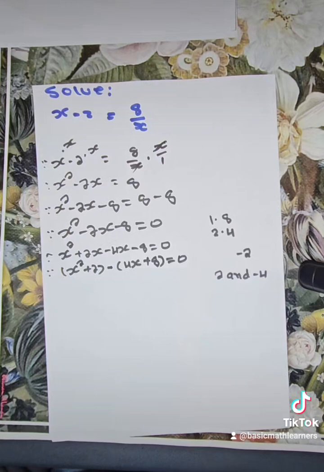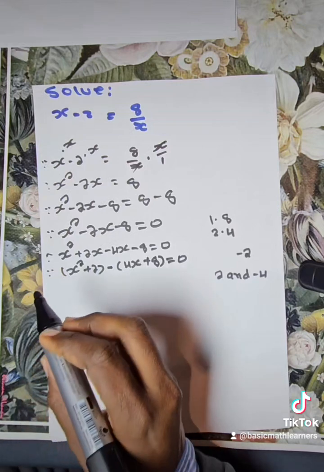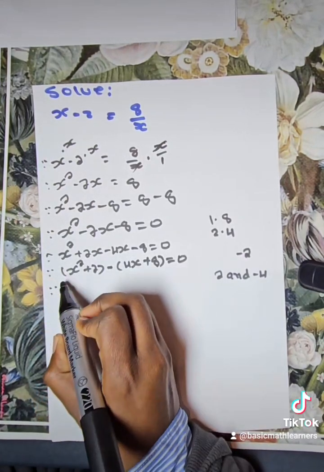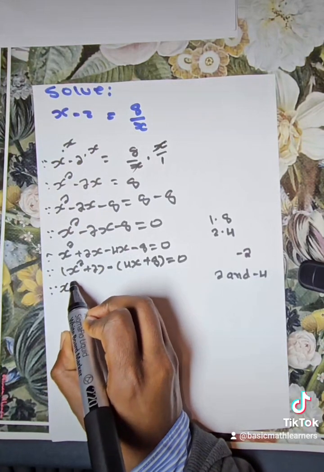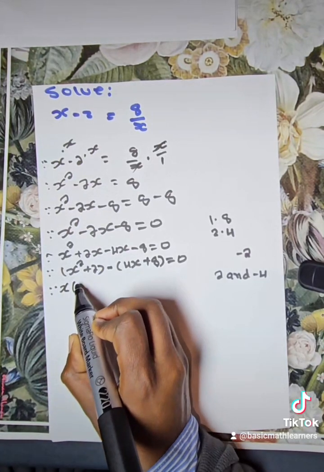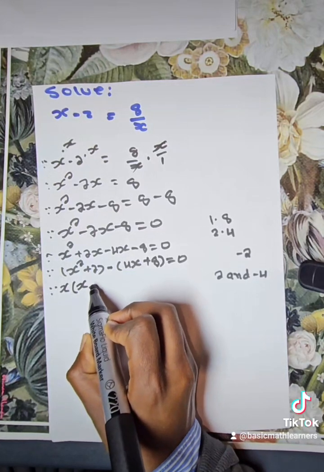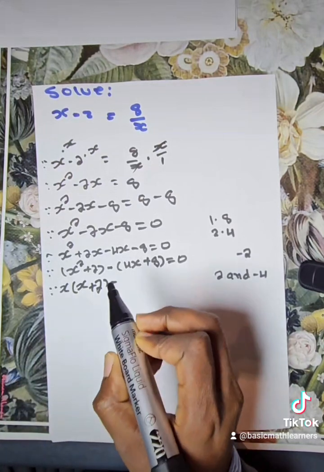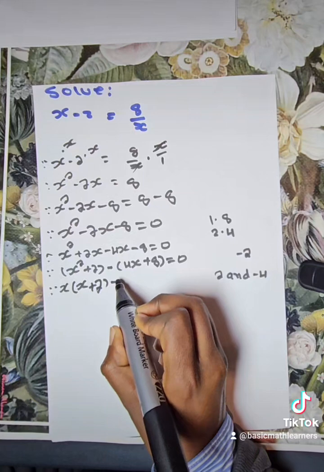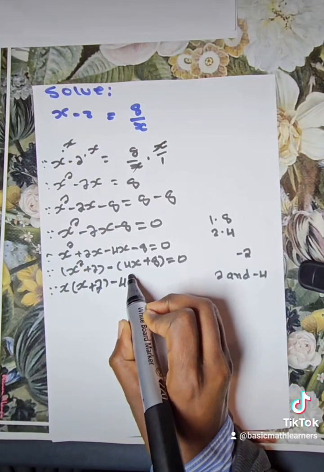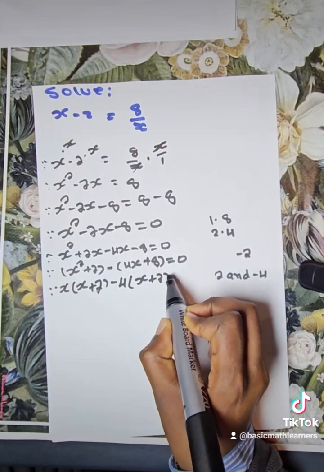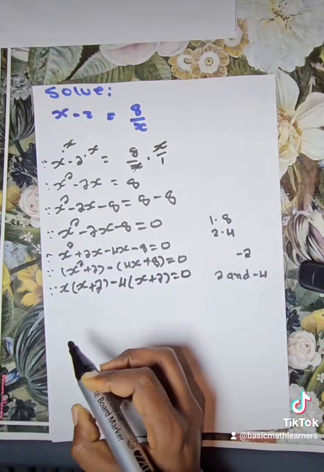Now we have groups. Check if you can take out any common factor. In our first term, we can take out x as a common factor, which leaves us inside the bracket x plus 2. In the second term, we can take out 4 as a common factor, which leaves us x plus 2, all equal to 0.